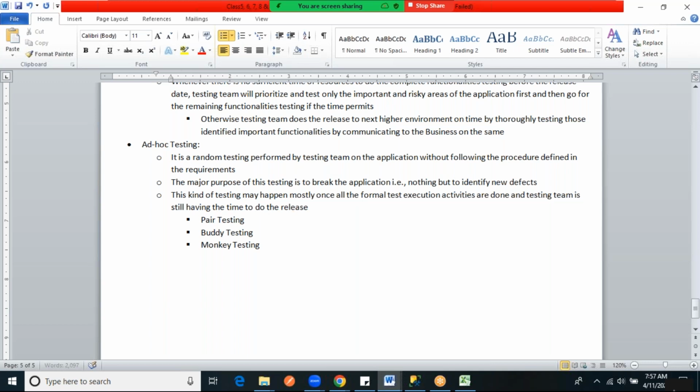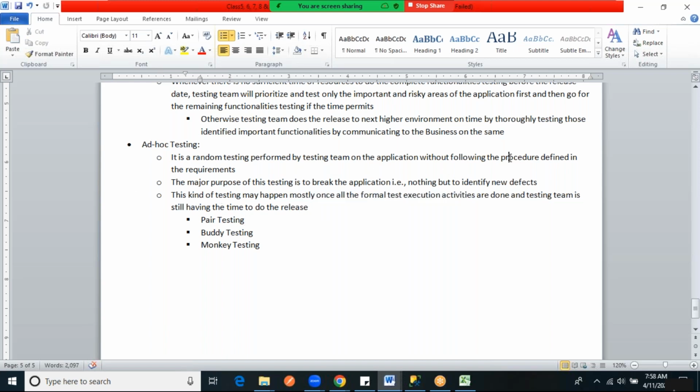When you still have time to do the release, but you have completed all your formal test case execution, and you have also tested the different scenarios you identified, but still you have time, then you go for ad hoc testing.